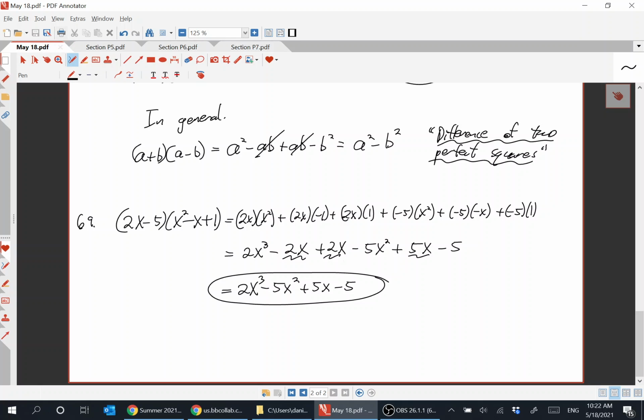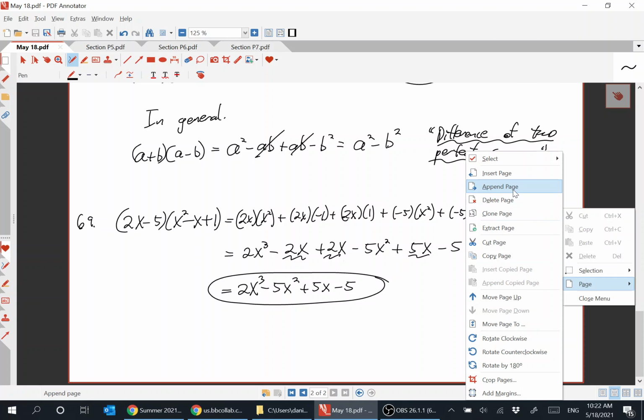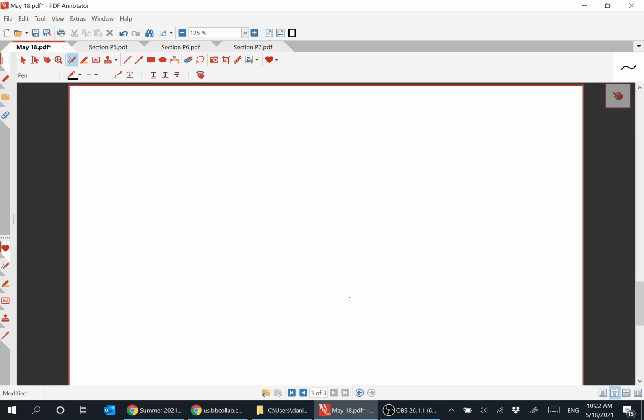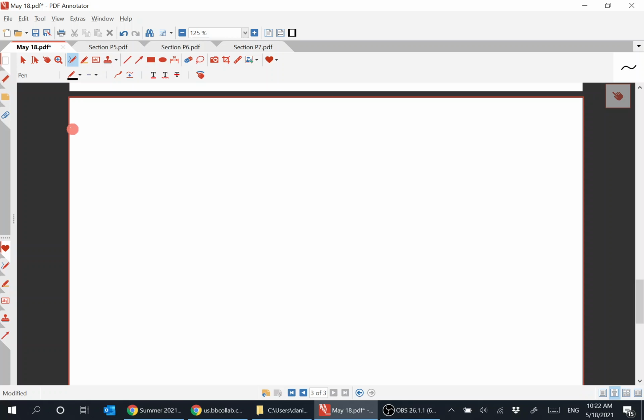And then like 74, dealing with some rational exponents. It's no different than the integer exponents. All these, the 78 has got rational exponents. 74 does too. It's no different than integer exponents. So 74 is x to the 1/4, 2x to the 3/4 minus x to the 1/4.